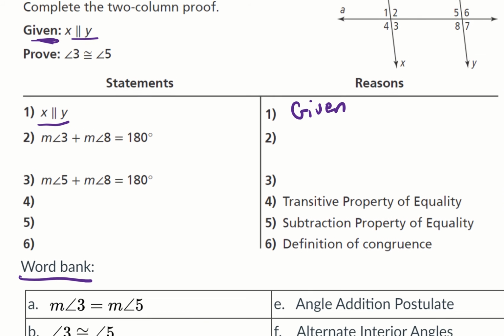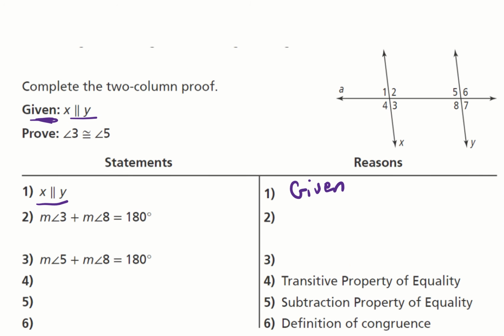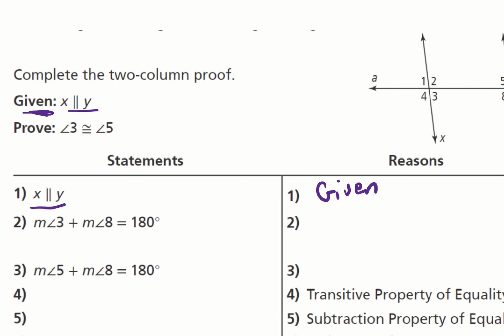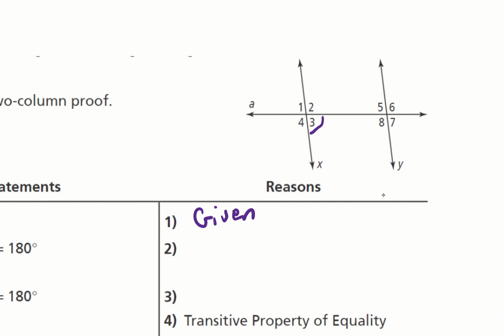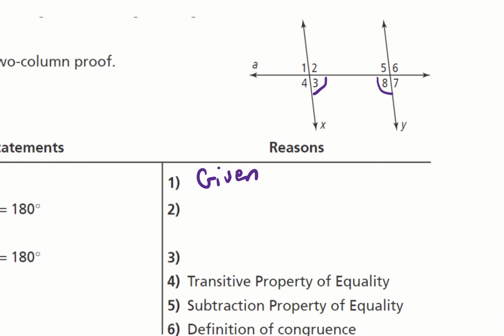All right, so now statement number 2 states that angle 3 and angle 8 add up to 180. So let's go look at it. Angle 3 and angle 8, these guys right here. What kind of angles are angle 3 and angle 8? Well, if you recall, they're interior because they're inside. So they're inside the sandwich in our analogy.